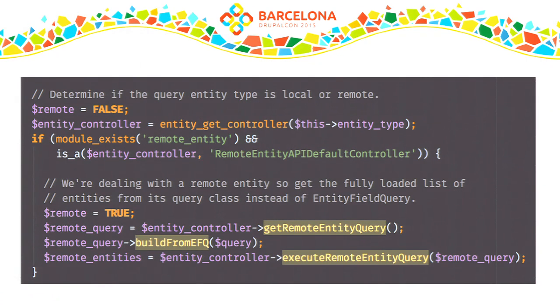Because then, in turn, it's going to find out what your query class is that's going to convert the SQL that views creates into a REST API query on your external service. And there's a magic method here I didn't show you from our query class that this module depends on, and is built from EFQ. It literally is going to take an entity field query object and convert it into a query object that your class can successfully consume.